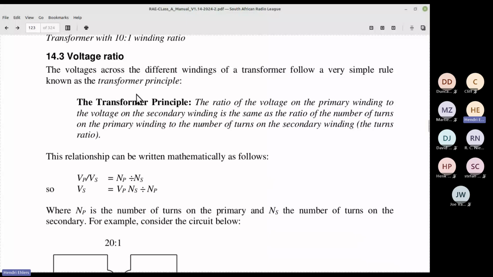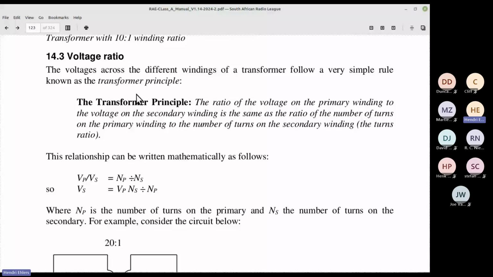Then they tell us that the voltage is a ratio. The voltages across different windings of a transformer follow a very simple rule, and that is known as the transformer principle. And then they've got the definition here for us.